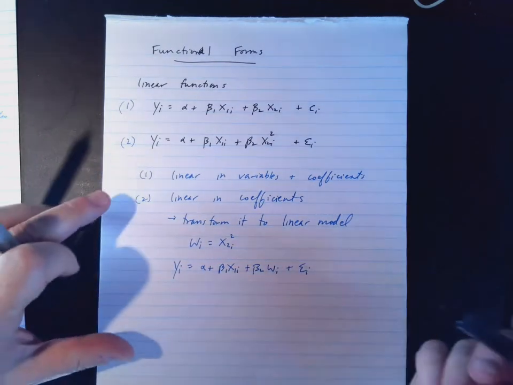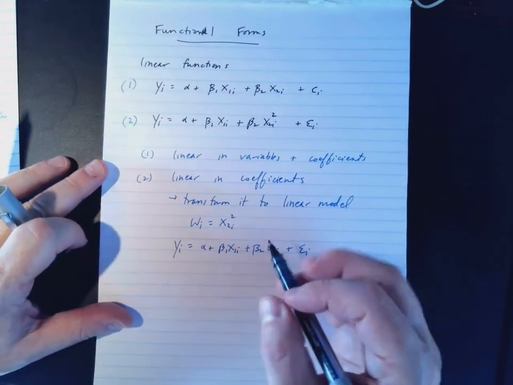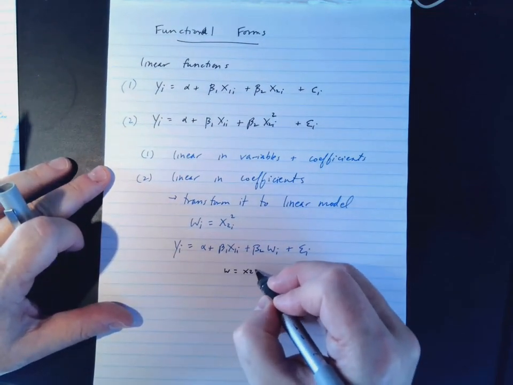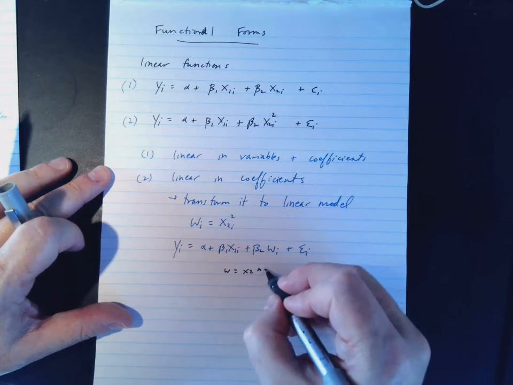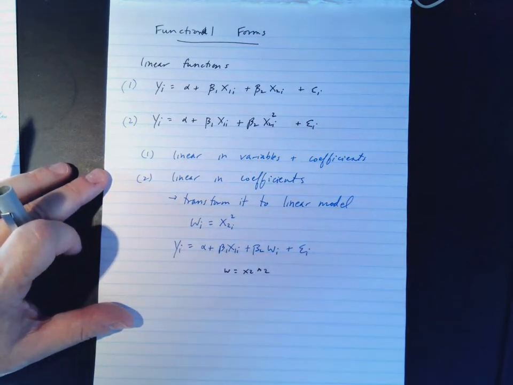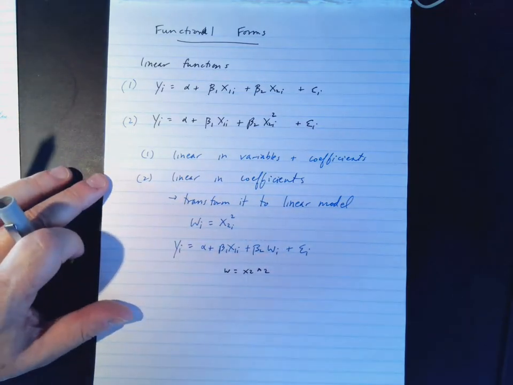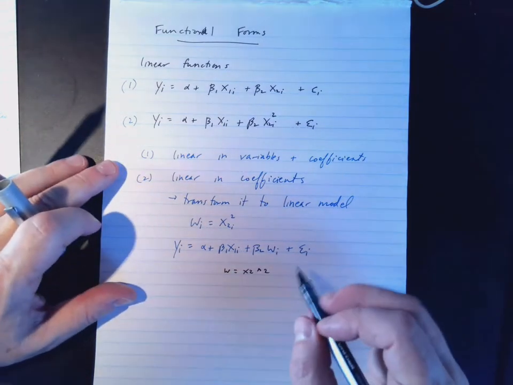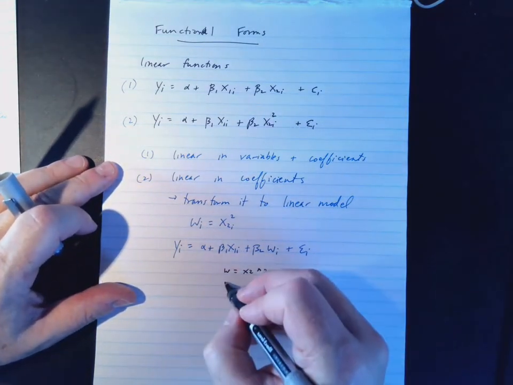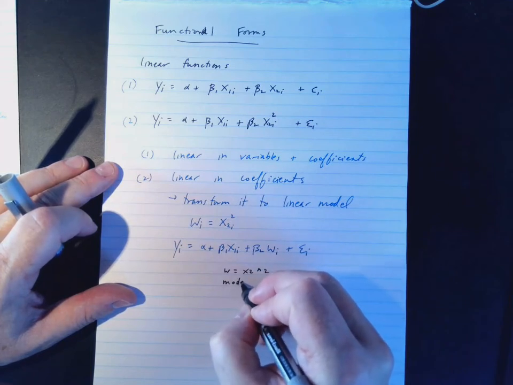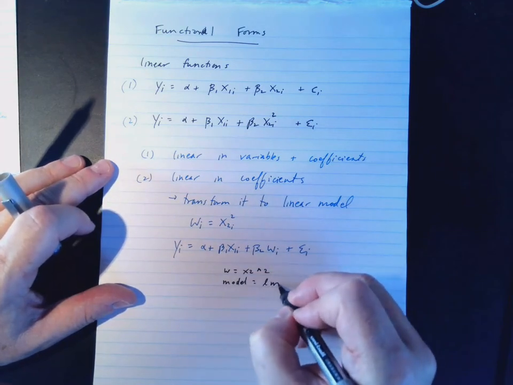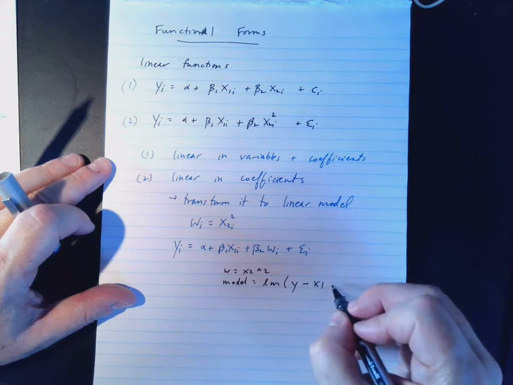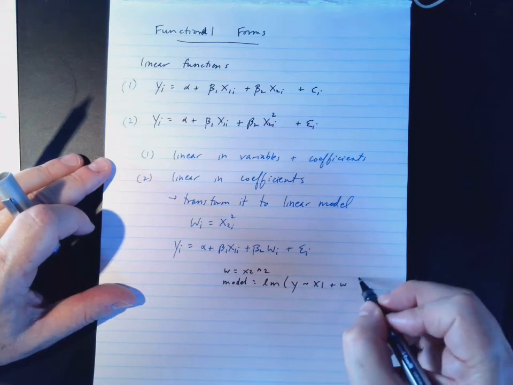Or if you want to think about it in R terms, you would have w equals x2, exponent squared. That's the caret or hat that's over the 6 on your keyboard, and then model equals lm, y tilde x1 plus w.